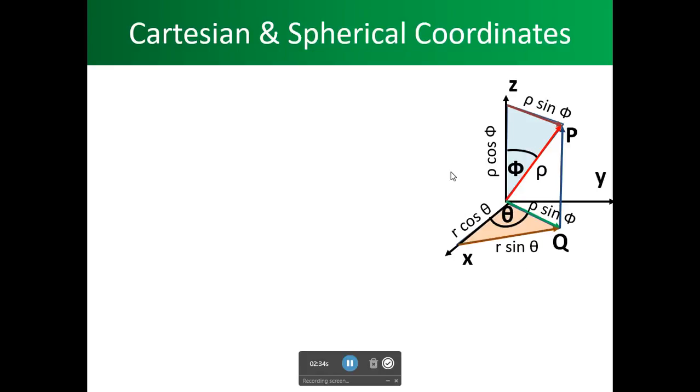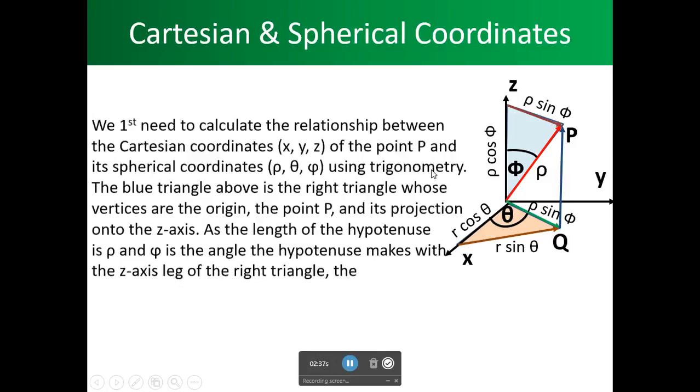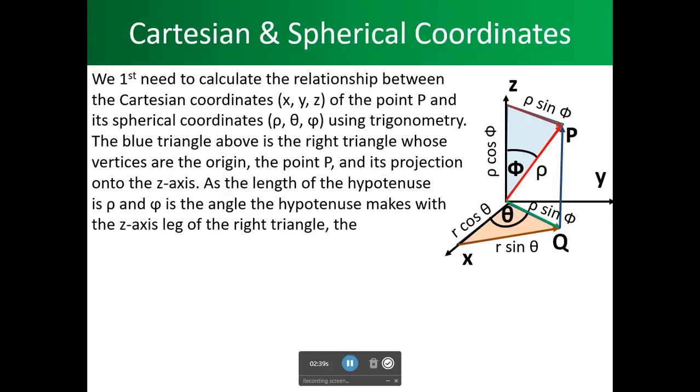So here is something we need to keep in mind whenever we're working with spherical and Cartesian coordinates. We need to be able to convert our x, y, and z at any point in the sphere to rho, theta, and phi. And as we just saw, we only used trigonometry.